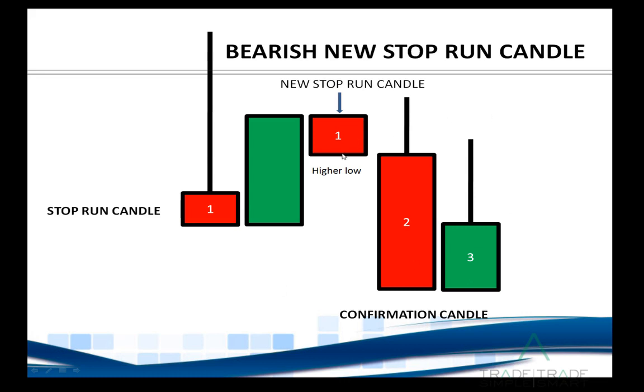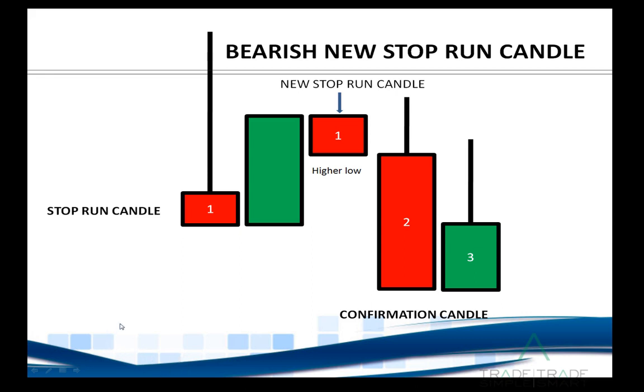Okay, so once we see the lower high, we will label this as number 1, the new stop run candle, and then the next bar confirms down. We see an aggressive move to the downside which closes within its lower 1/3 region, and then ultimately we're waiting for the pullback and entry into the trade.